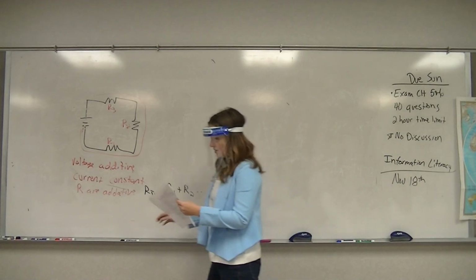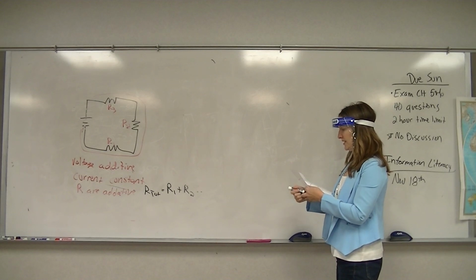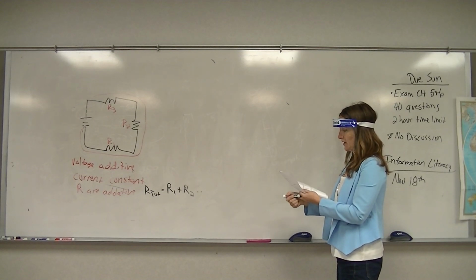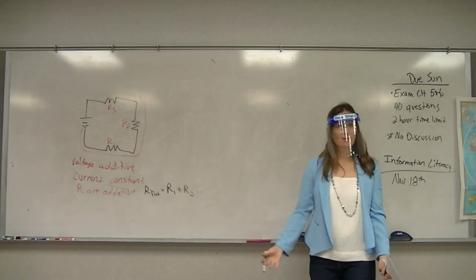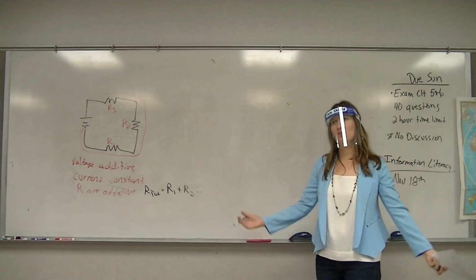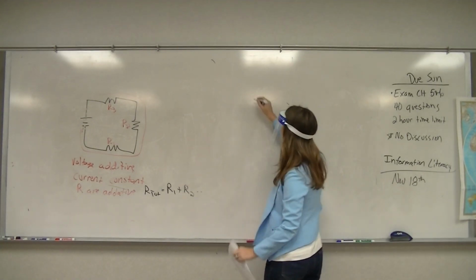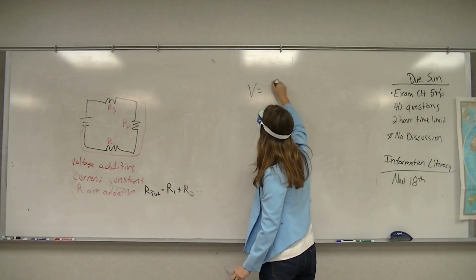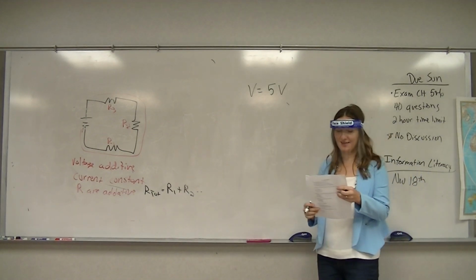All right, 20. A 5-volt battery is connected to a toy car. This is our knowns and unknowns, our typical physics problems that we've been doing this whole semester. If we see 5 volts, let's associate it with a variable, V, that's the easy one.